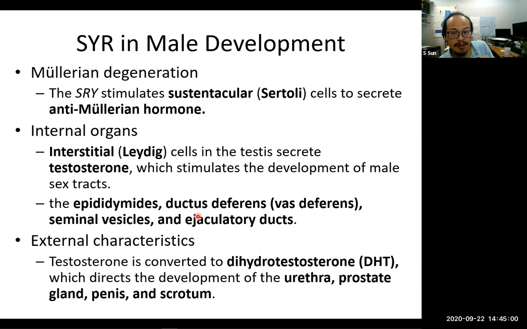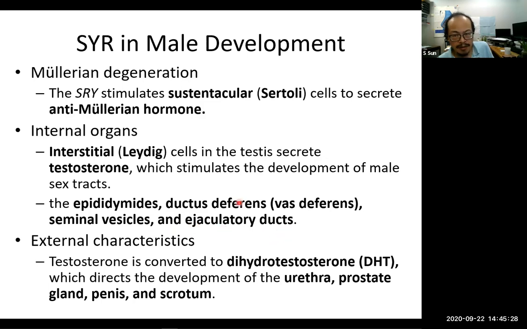Second is that we need to develop two things. One is the internal organ of the male, such as the epididymis, ductus deferens, vas deferens, seminal vesicles, ejaculatory ducts.